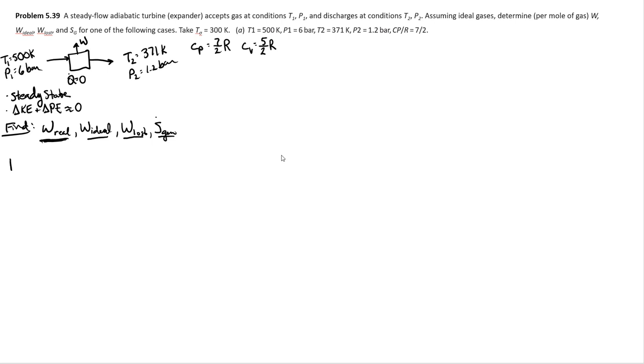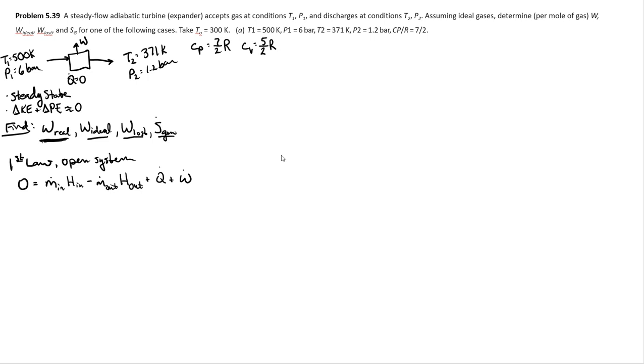How do we calculate the real work? Well, that comes from the first law for an open system. And it's steady state. So remember, we have accumulation is equal to the input, so I'll write m dot in times H in minus the output, m dot out times H out, plus Q dot plus W dot, where this is the real work, right?